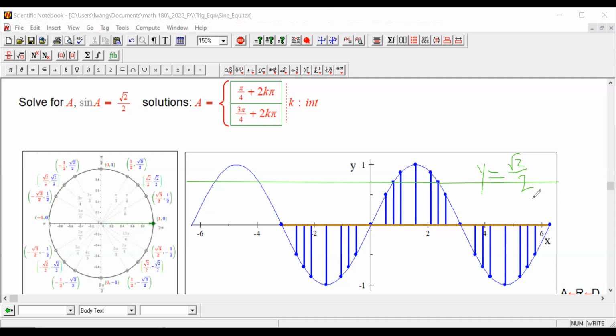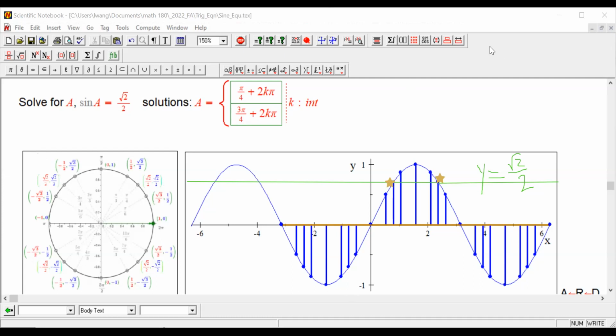We want to identify all possible solutions. So what are they? This time we're going to use a star. There's pi over 4 and 3 pi over 4, and you add 2 pi or subtract 2 pi, multiples of 2 pi, going either way, and you get as many solutions as possible.